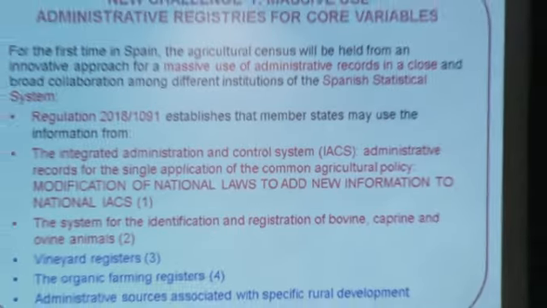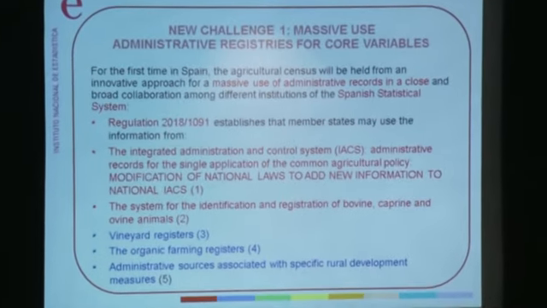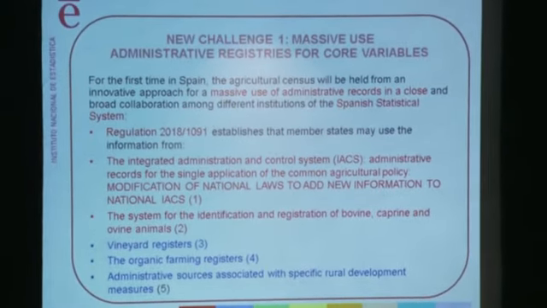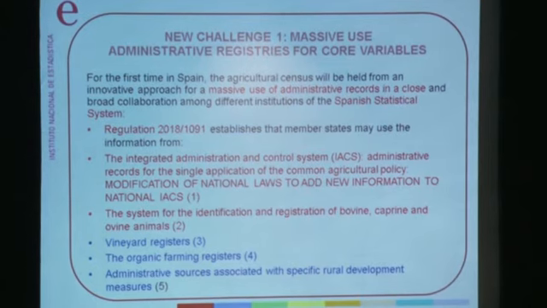Well, for the first time in Spain, we are going to do a massive use of administrative records in a close, broad collaboration with different institutions in Spain. We are going to use these 5 registers that are mentioned in the regulation. This is the ICAS register, the registers on animals, the vineyard register, the organic farming register, and the rural development measures register.